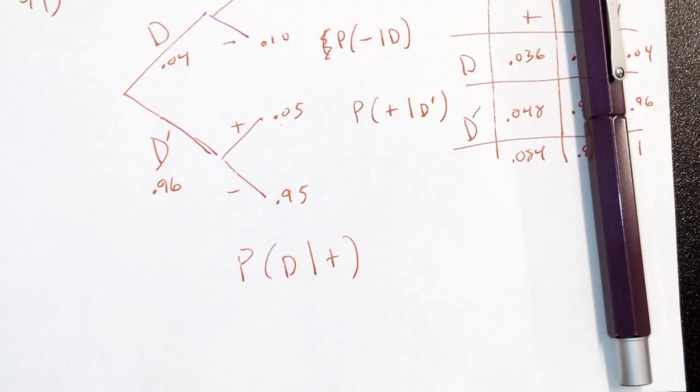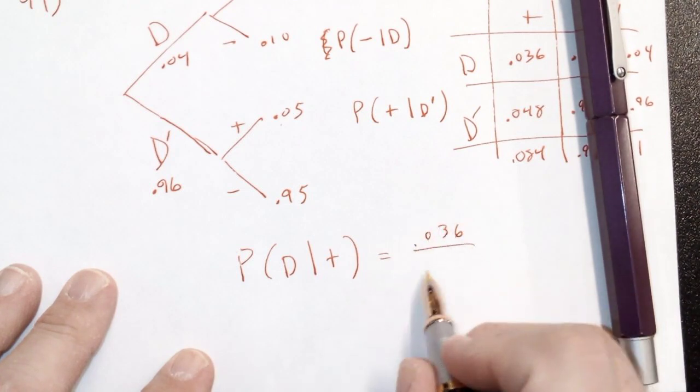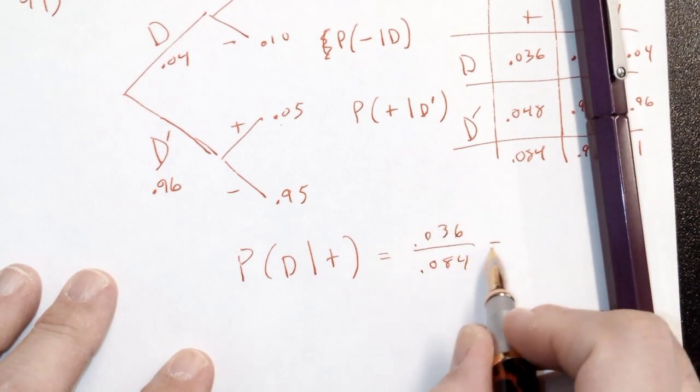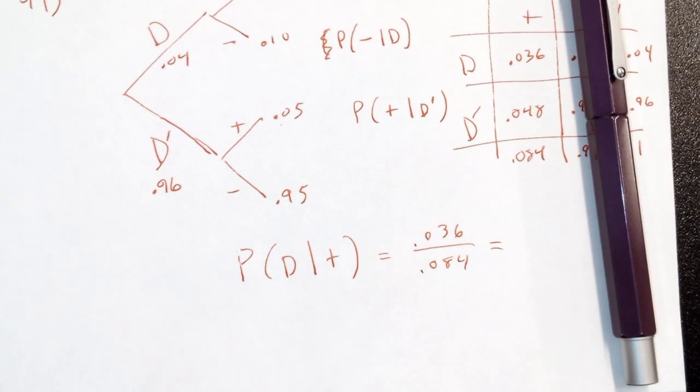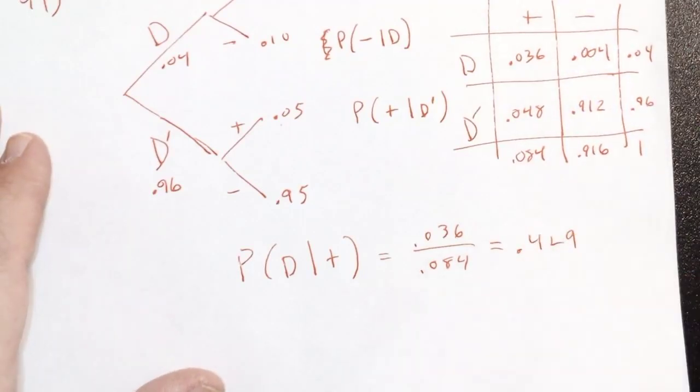I'm only looking at the plus column. 43%.